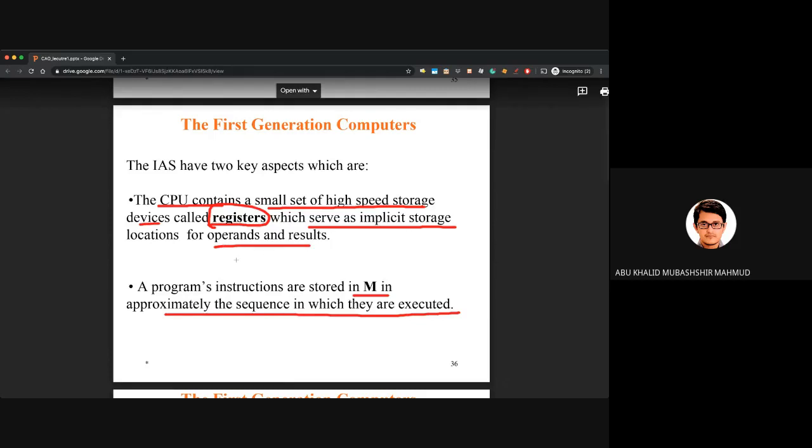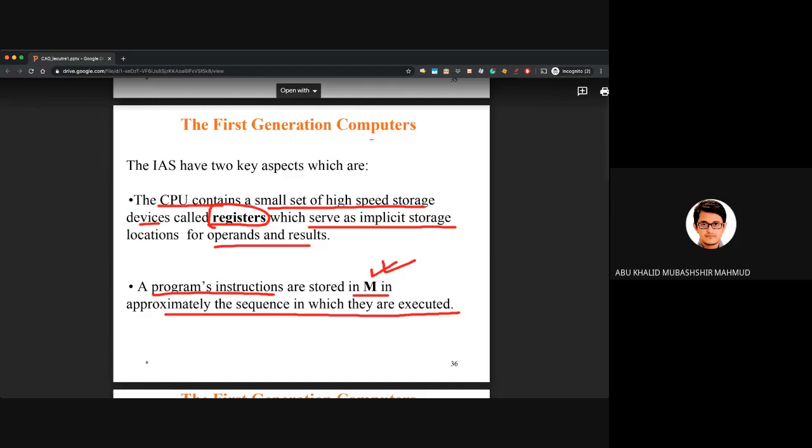Operands are the things that we use with the operations, and results are the results of that operation after we execute the instruction. And a program's instructions are stored in the memory locations sequentially.